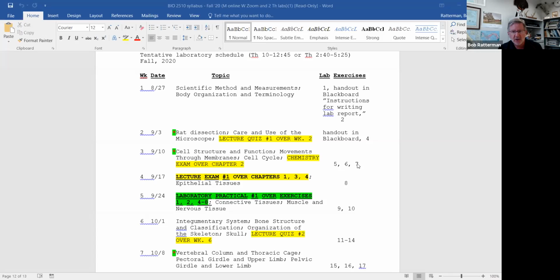I'm not saying you have to know everything there is to know about 5, 6, and 7. Okay, that's not what I'm saying. I'm saying you should look them over so you're fundamentally aware of what we're going to be doing in those exercises. If you don't read ahead, you will not get 10 out of 10 on the quiz.